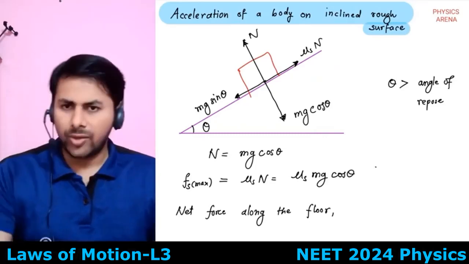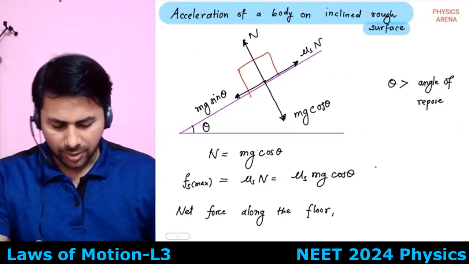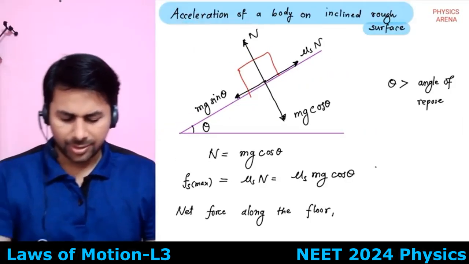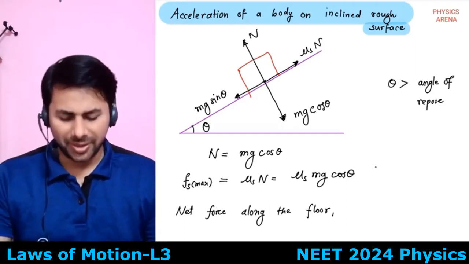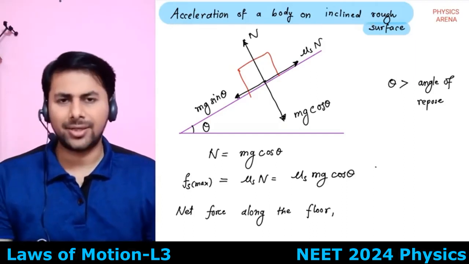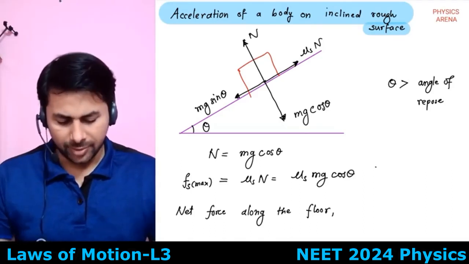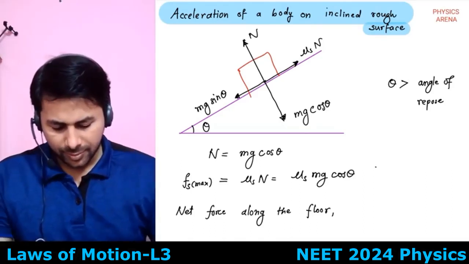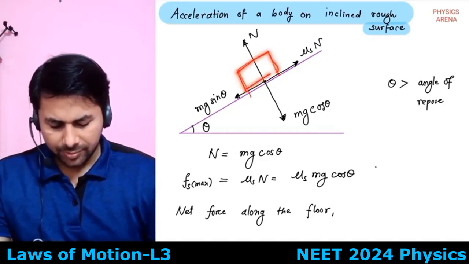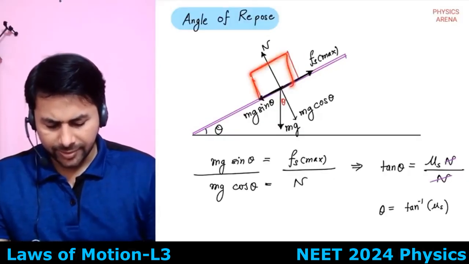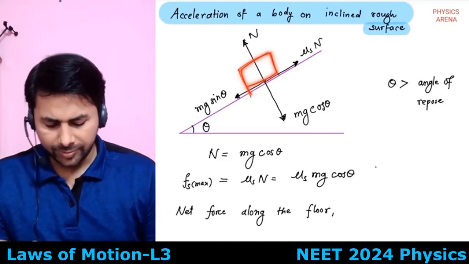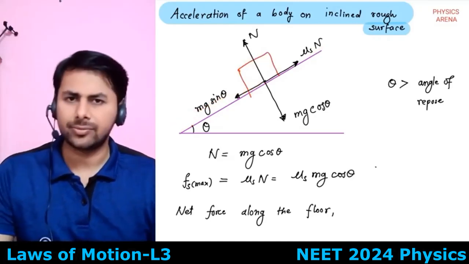Now there is one more thing we have to remember: the acceleration of a body on an inclined rough surface. We need to remember the formula for that. Suppose, just like the previous case, we have kept this body on this surface.